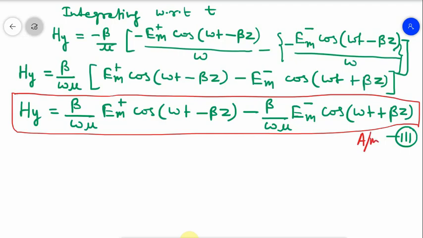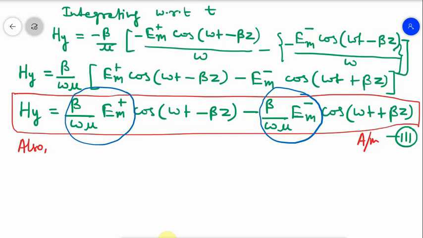Okay, now also this expression, if we put a component, if it is Hy, so obviously this component will be your Hm plus, and this component will be your Hm minus. Okay, fine.